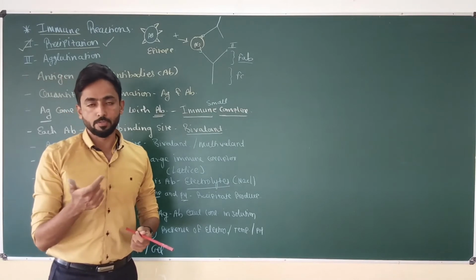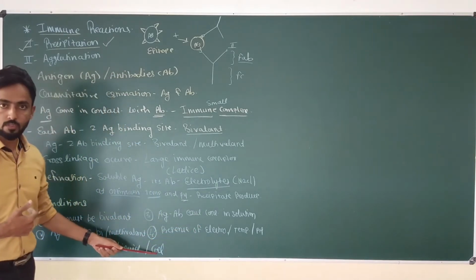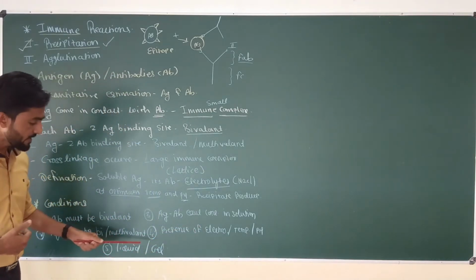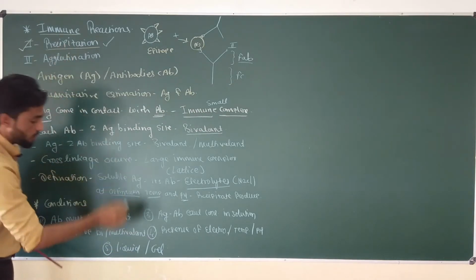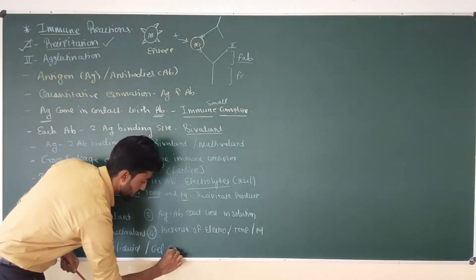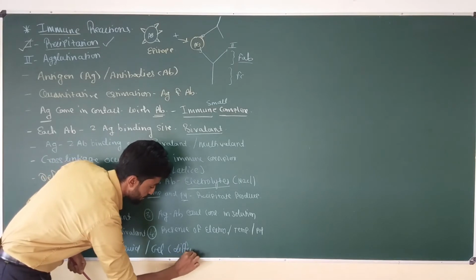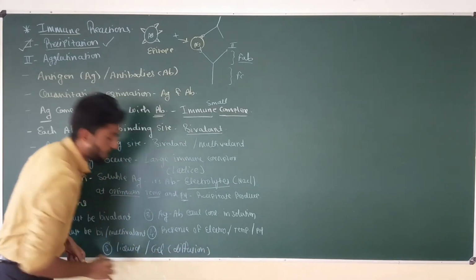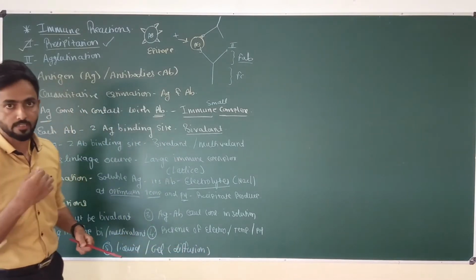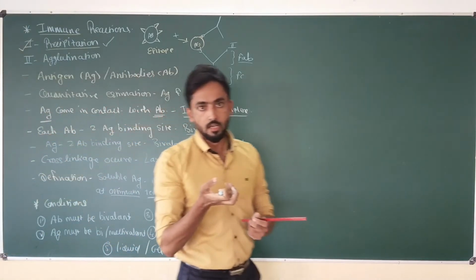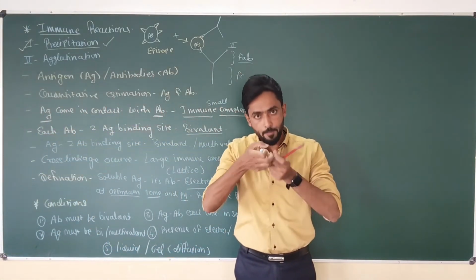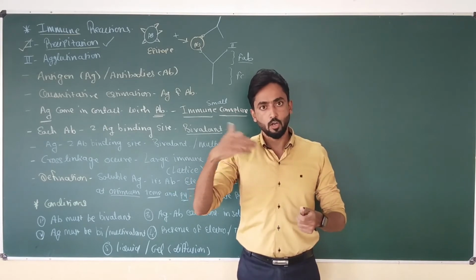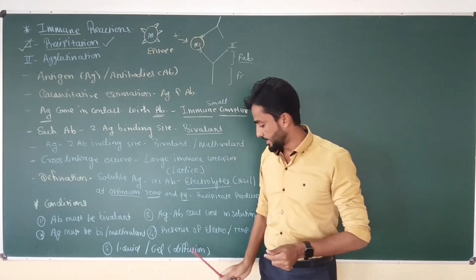Okay, so all this type of gel can be used for precipitation reaction. When this precipitation reaction occurs in the gel, it is called as diffusion. Why do we call it diffusion when it occurs in the gel? Because in the gel, antigen or antibody diffuse towards the other molecule, so it is called as diffusion reaction.